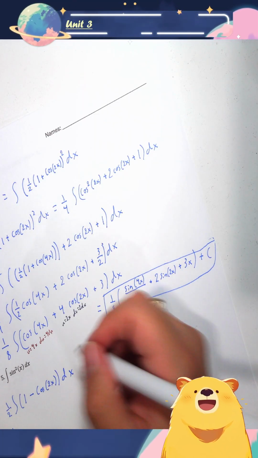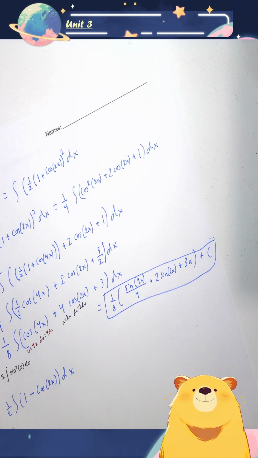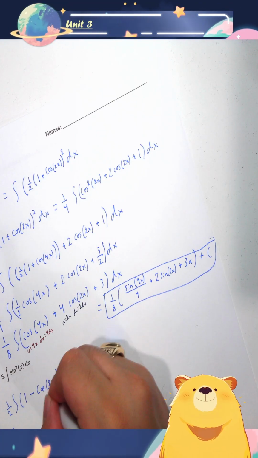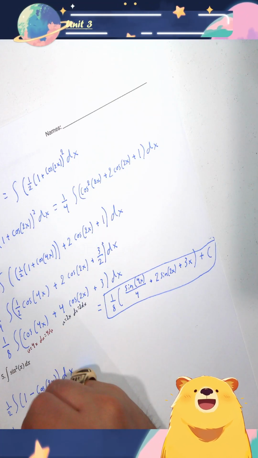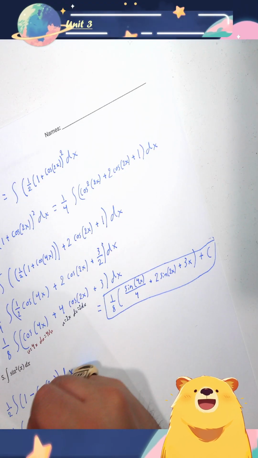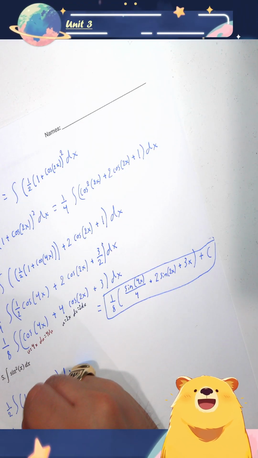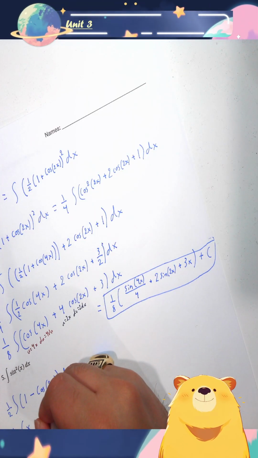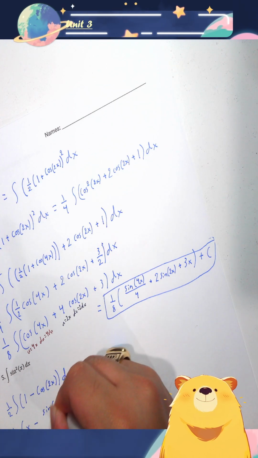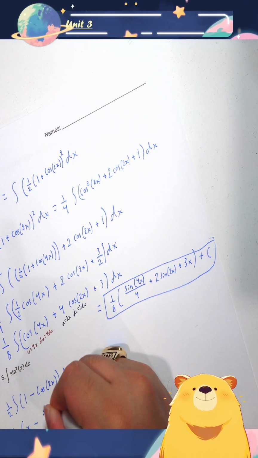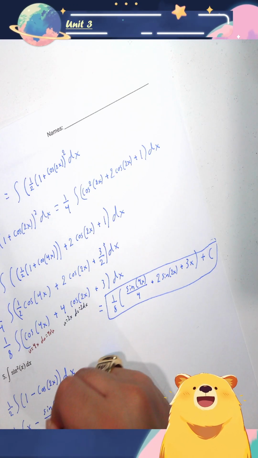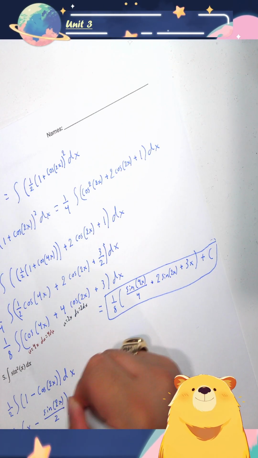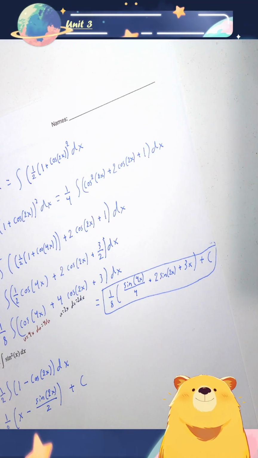And then for this one, you use the u substitution. And you should get, for this, you'll just get x. And for this, you'll get minus sine of 2x over 2 and plus c.